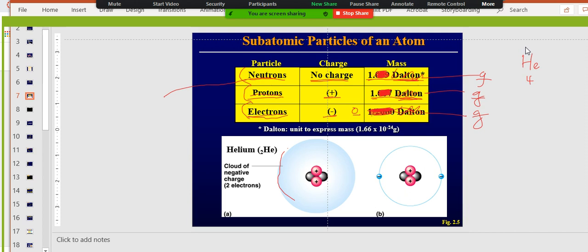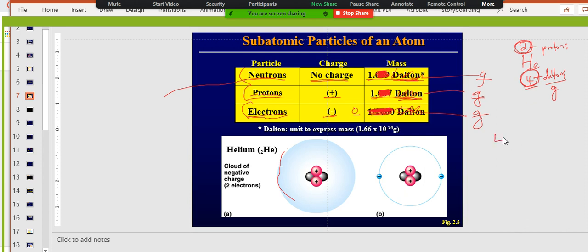So that tells me I can figure out how many neutrons are in there, because what do electrons weigh? 0. And if there are 2 protons, what would that weigh? 2. But we know the weight is 4.